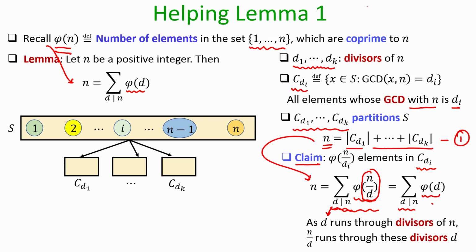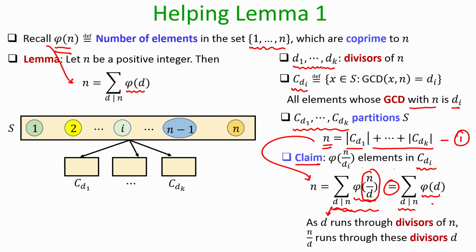It is a very simple fact, I am not going to demonstrate it, you can easily verify that. The proof is that since d is one of the divisors of n, if I divide n by one of those divisors, I will again obtain a divisor in the list d1 to dk itself, right.